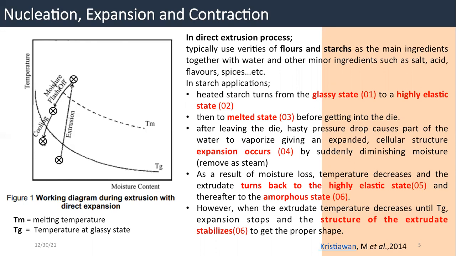Drastically decrease means quickly decrease. Then what happened? You know the inside temperature and pressure are high, the outside pressure is very low. So as a result of this pressure difference, the water molecules available in the product may be removed as steam.